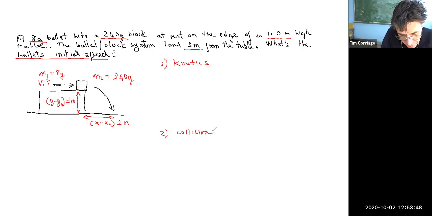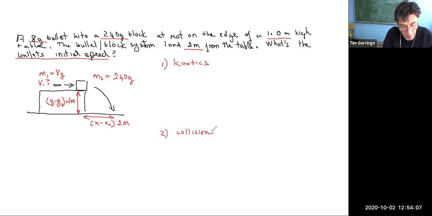To find the speed of the bullet-block system at the top of the table, I actually first found the time that it took the bullet and block to hit the ground, and then I was able to find the speed that the bullet and block were traveling at. So let's find that time to fall to the ground first.